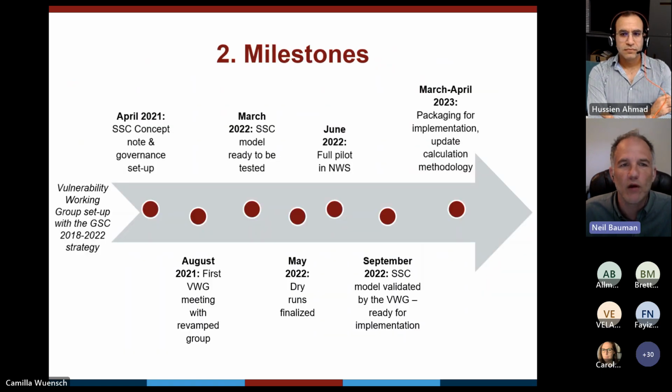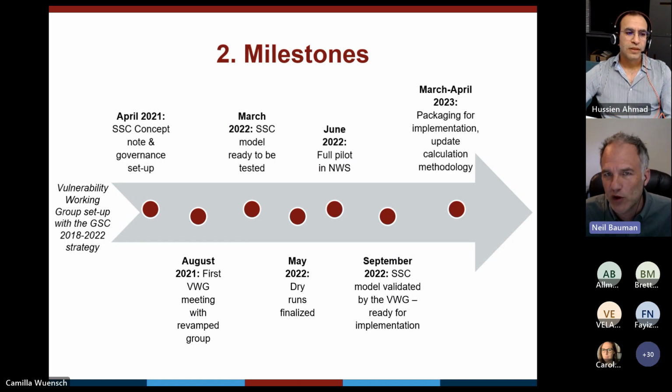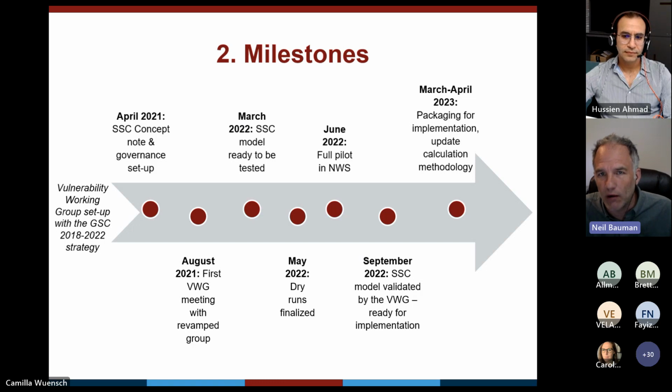Go to the milestones. This is actually a simplified version of the milestones, which started many years ago, and the vulnerability classification working group was vital in validating some of the thinking behind this. But also, what's not shown here is that, in parallel, there is the JIAF, the Joint Intersectoral Analysis Framework methodology, which was working in parallel with this.